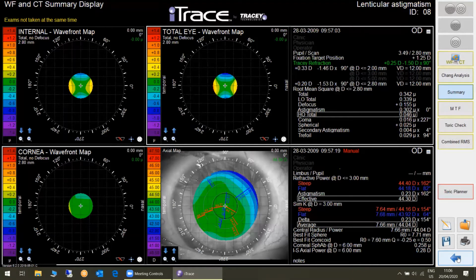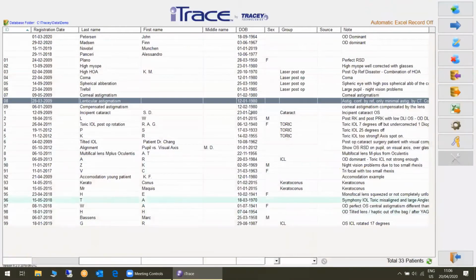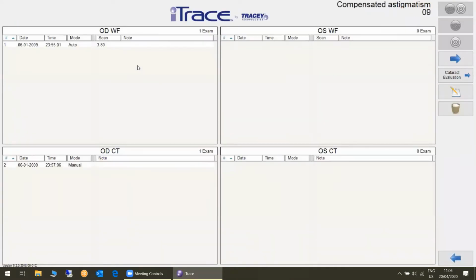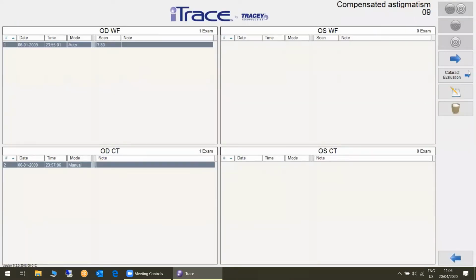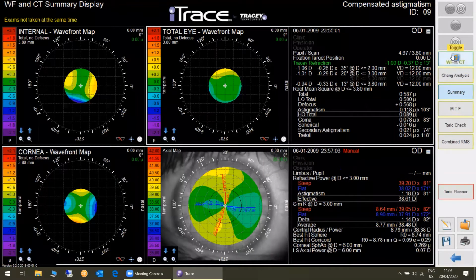Yes, we will go very deep into torics, because torics is one of the systems where the iTrace is really helping. So let's talk about that later. The last case that I want to present to you to explain the iTrace is this one. And I always say there are 3 levels of iTrace users.